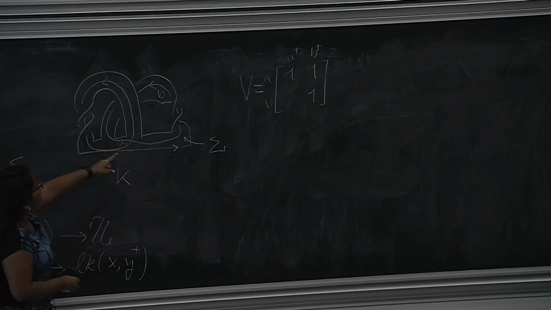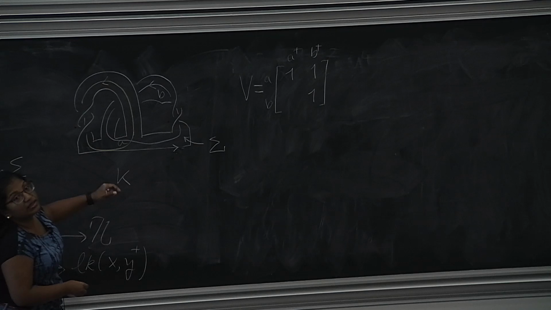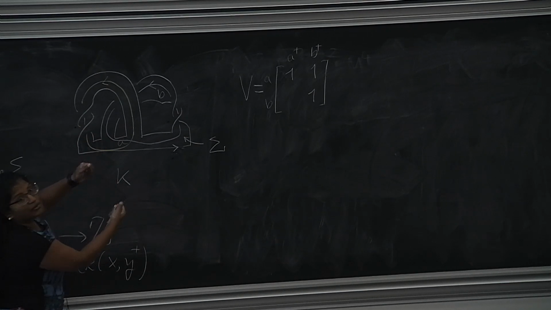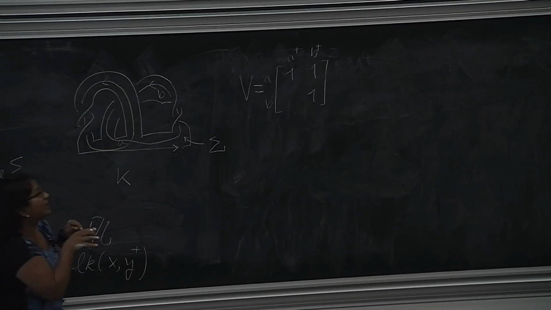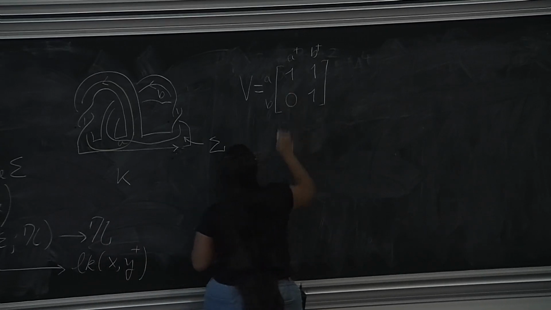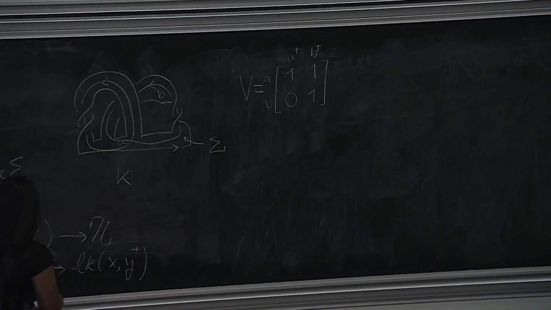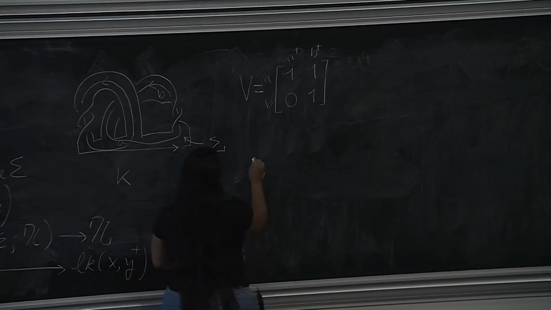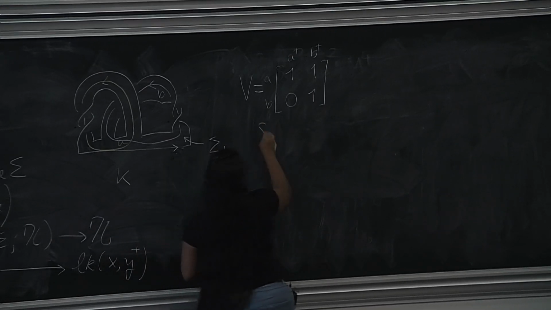But if you were computing the linking number of A plus and B, if you float A off the blackboard, it's just fully above B, so you get a 0. And then the signature, so this is a Seifert matrix.